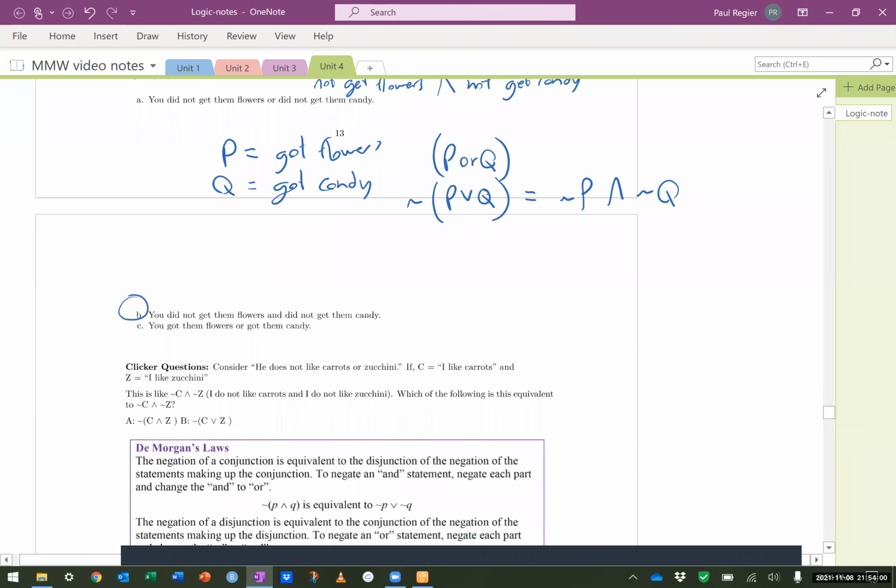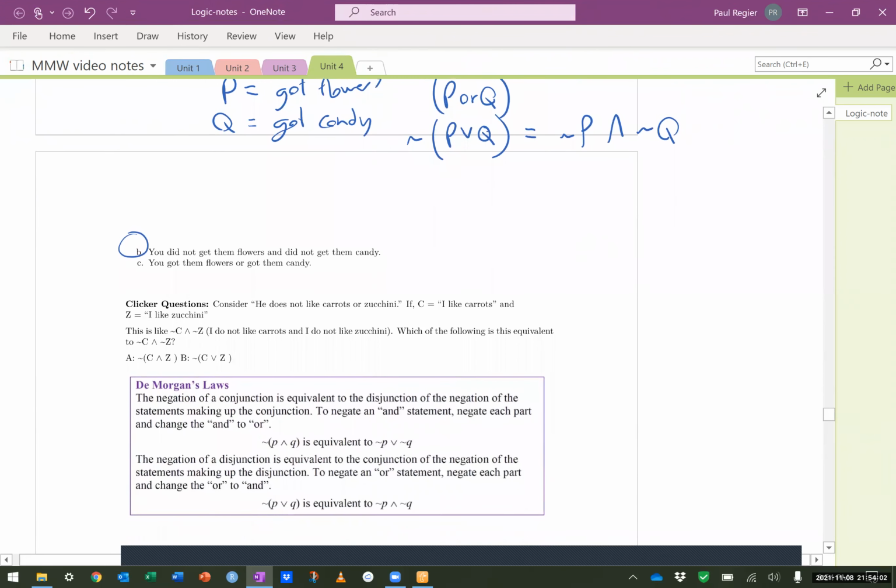What about this one? I do not like carrots or zucchini. How would I write that? If C is I like carrots and Z is I like zucchini, this is like saying not C and not Z. He's saying not carrots or zucchini, which is the same thing as not carrots and not zucchini.